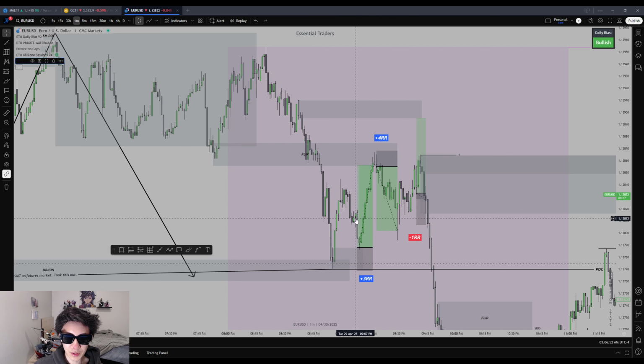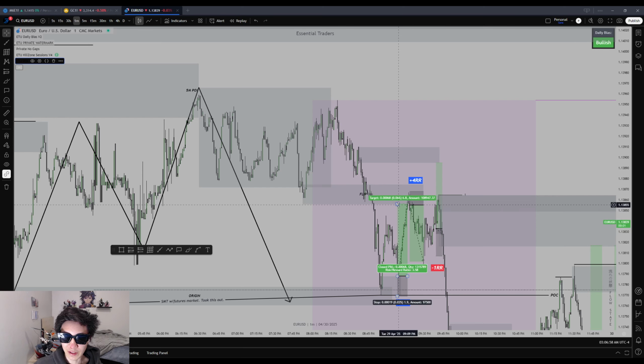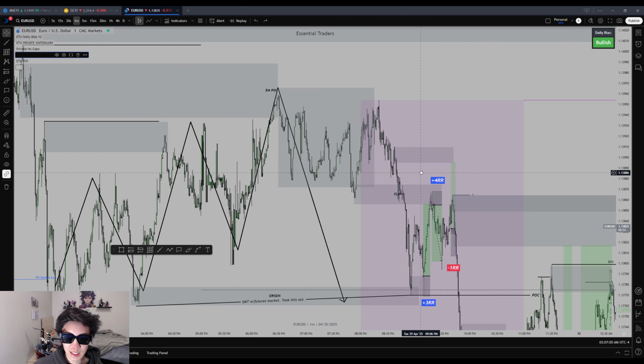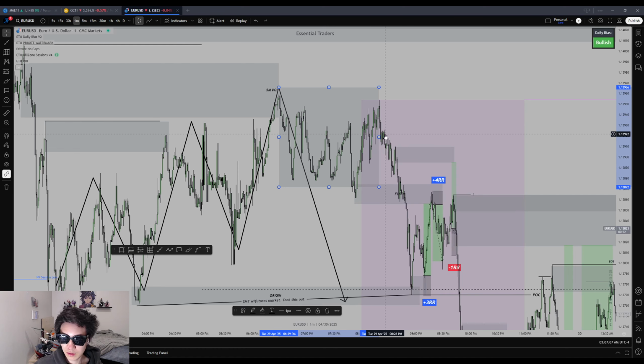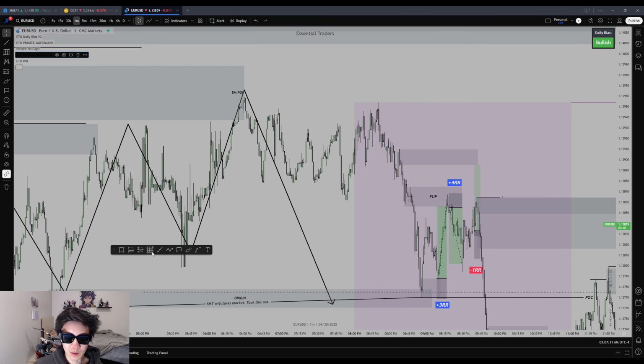So I waited here. We had an OB entry model here, very straightforward, 3 risk reward. I did not have an aggressive TP here. I was originally thinking about this being my TP, but then I realized looking at structure here, we had a very strong flip here. And why is it very strong?